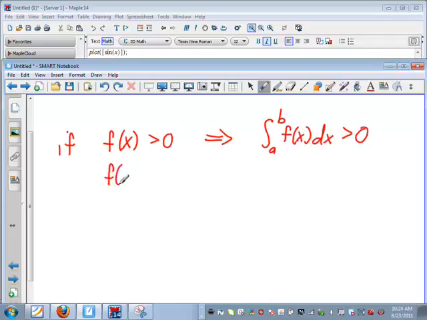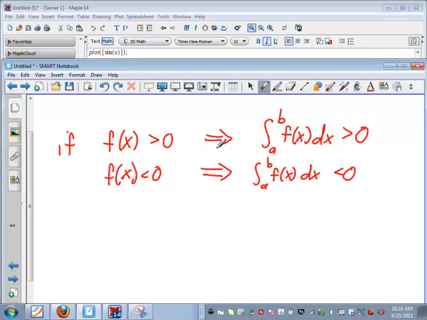If f is always negative, then that implies that the integral is negative. And this is on some whole interval, the interval a to b. So if it's positive on a to b, there's no way the integral could be negative.